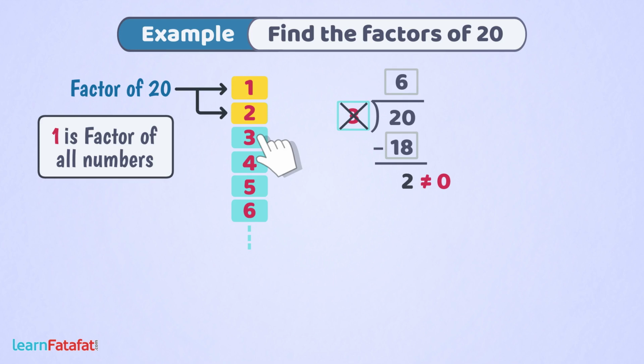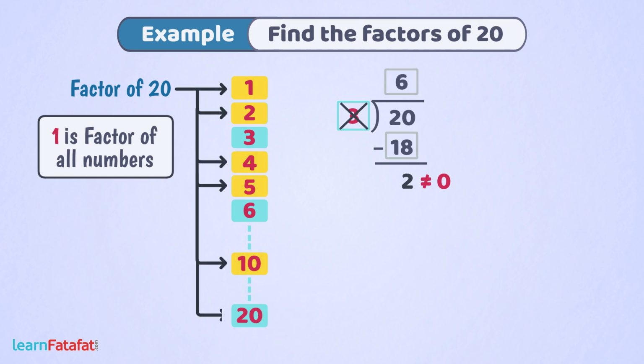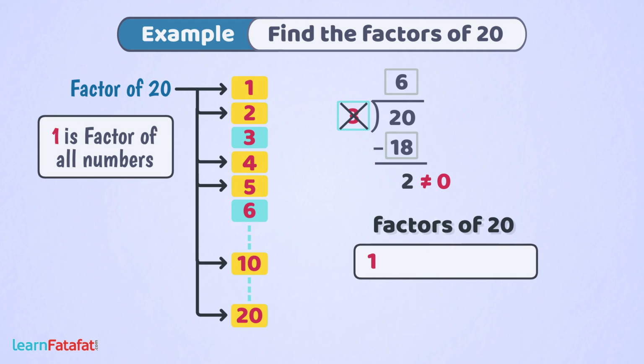Similarly, if we check for 4, 5, 6 up to 20, then we find that 4, 5, 10 and 20 are factors of 20. Together the factors of 20 are 1, 2, 4, 5, 10 and 20.